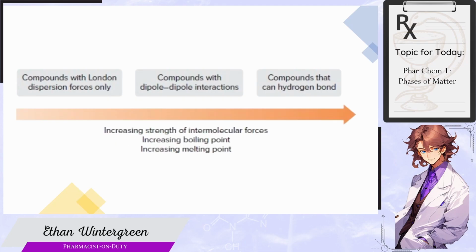So in terms of our intermolecular forces, compounds with London dispersion forces would boil at the lowest temperature, and compounds that can hydrogen bond would boil at a higher temperature. Take for example, water. Water boils at 100 degrees because of the very strong intermolecular forces between water molecules.